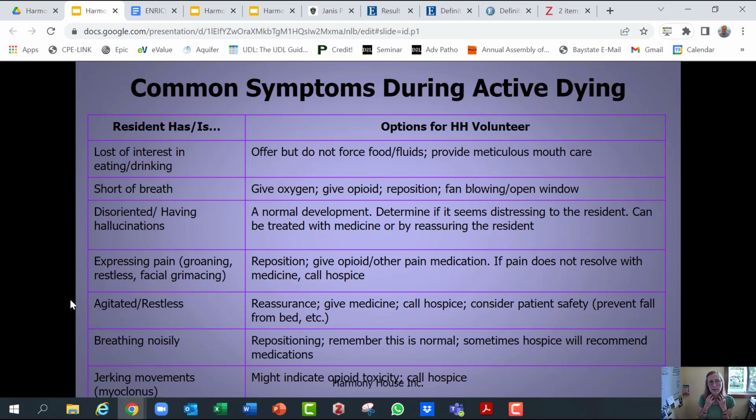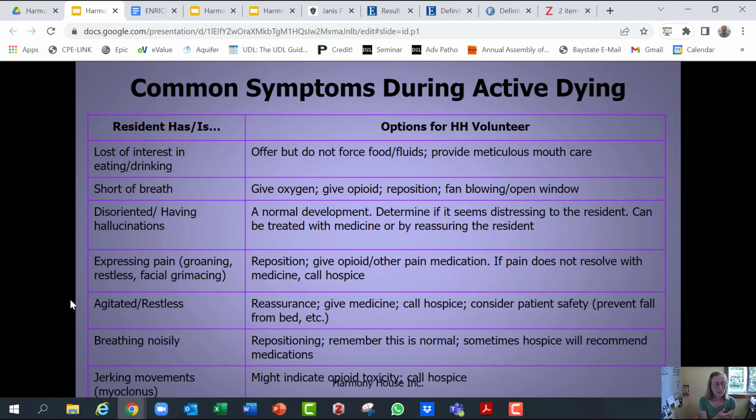Sometimes secretions can pool at the back of the throat and cause anywhere from a loud snoring noise to a really difficult to listen to noise that can be quite distressing to people who are listening to it.